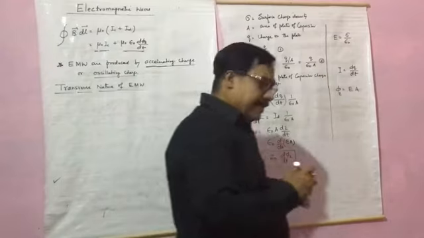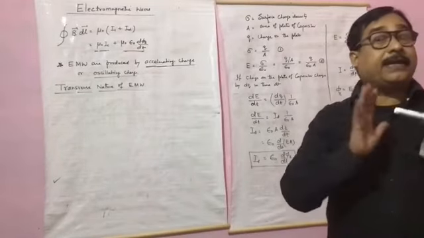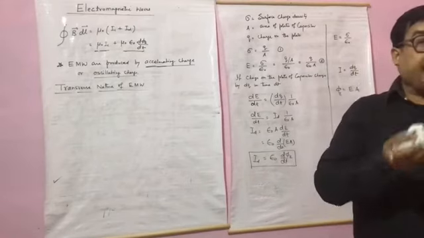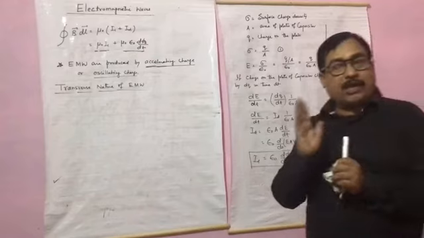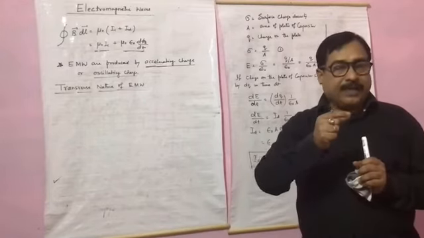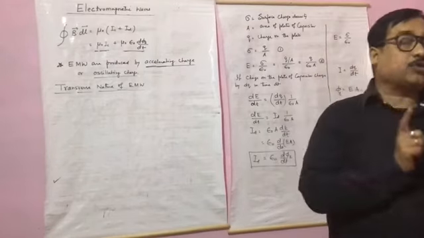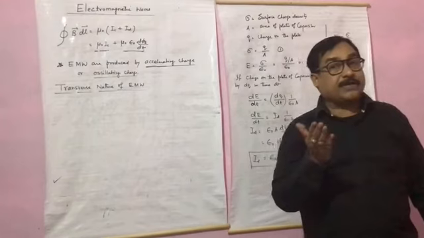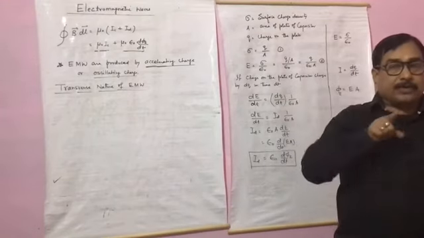So in class 9th and class 11, we have already studied longitudinal waves and transverse waves. In longitudinal waves, the vibration of particles of the medium is along the direction of propagation of the wave. In transverse waves, the vibration of the particles of the medium is perpendicular to the direction of propagation.